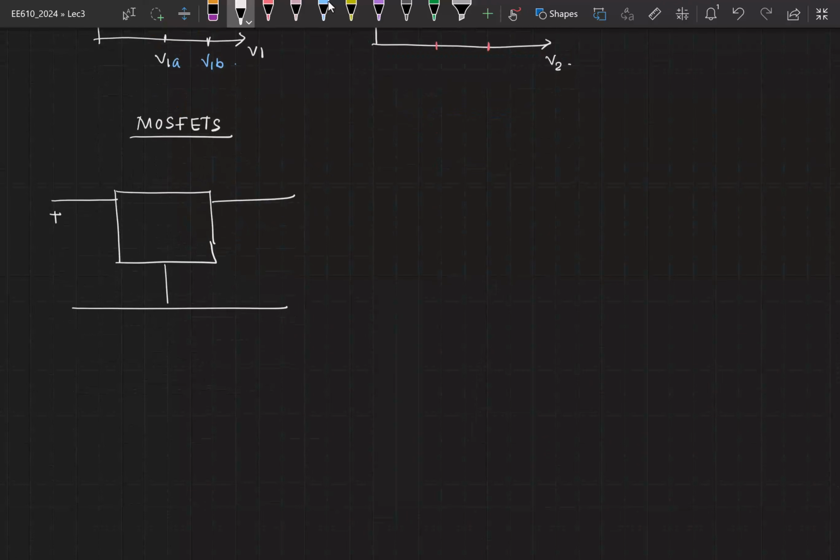So this was my V1. I have current I1 flowing through this, current I2, this is V2. We'll start with the NMOS. The symbol for NMOS is this.